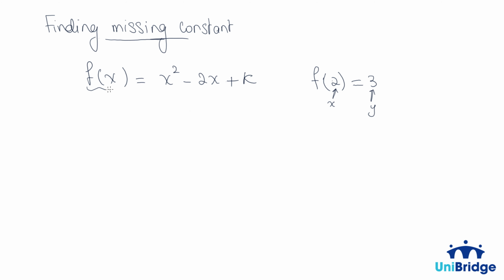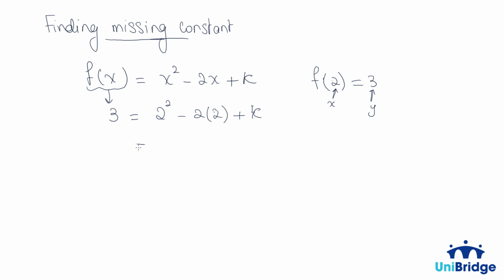So you can go ahead and replace f of x with 3, and you remove each x and plug in 2. This says that when x is equal to 2, y is equal to 3, plus k. So you'll end up with a single equation where you only have k as your unknown.